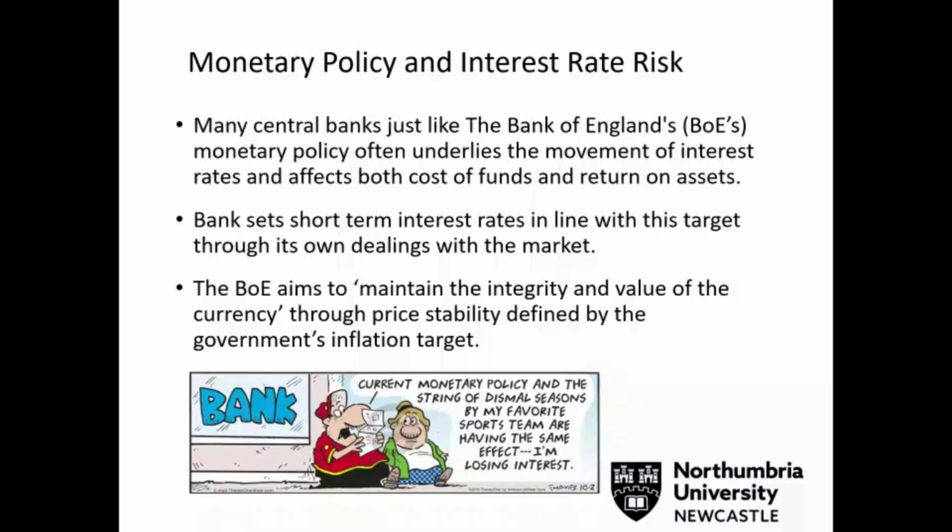And the role of the central bank is to try and maintain this level of inflation, and in order to do that, they adjust interest rates accordingly. If inflation is very high, how do you control that? This means prices are going up. Therefore, what you can do is start to increase interest rates.